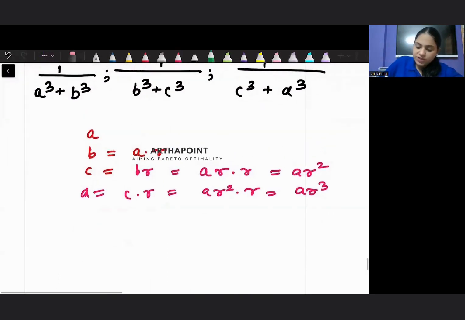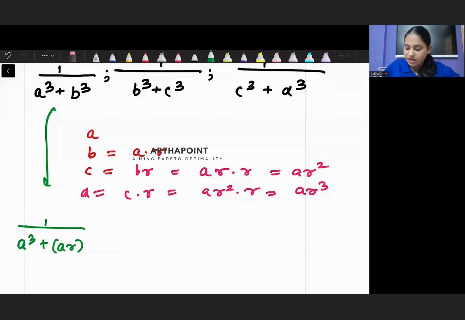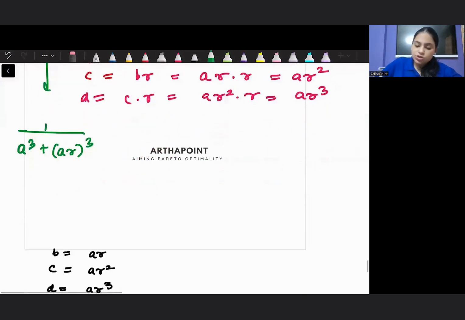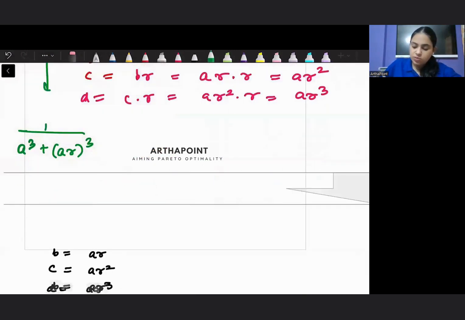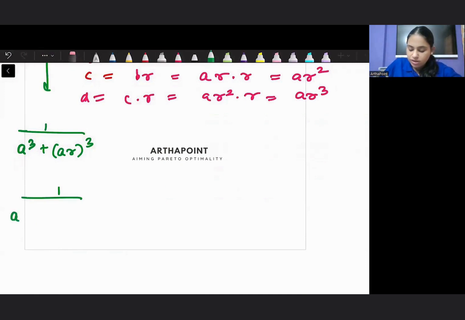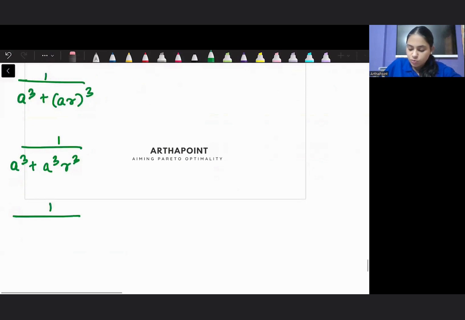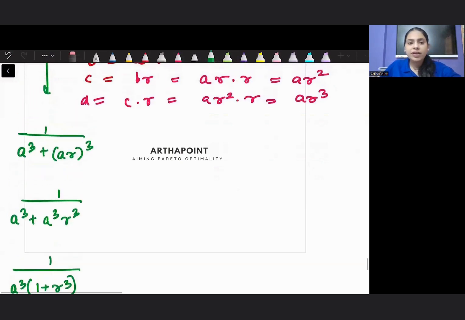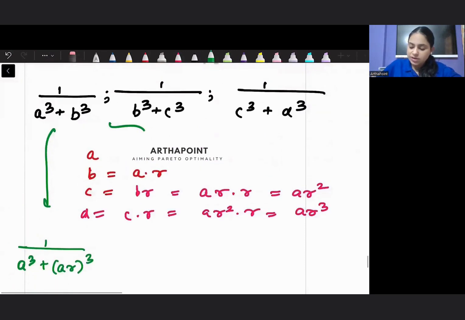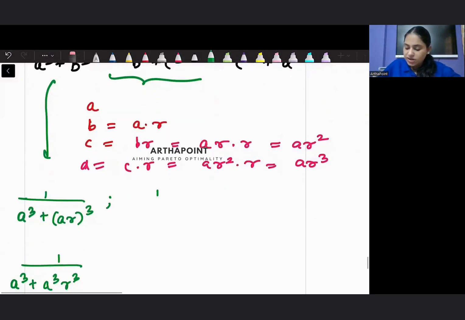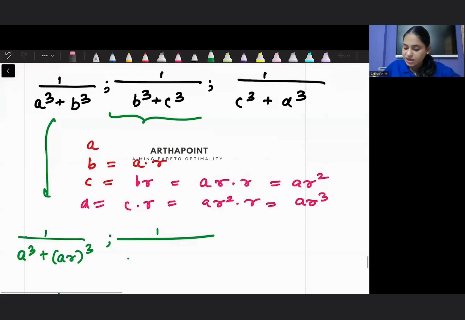Right? So now what you can do is plug in these values here. If I plug it in, I will get 1 upon A cube plus, instead of B cube, I will write AR whole cube. If I solve this out, I will get 1 upon A cube plus A cube R cube. So I will get 1 upon, take A cube common, 1 plus R cube. All right. Now look into the second term here. Instead of B, I will write AR whole cube.